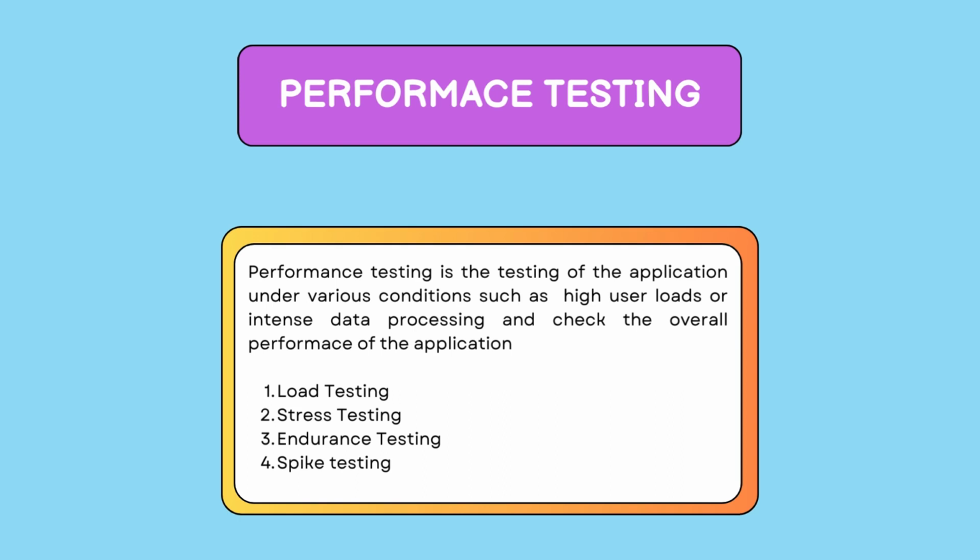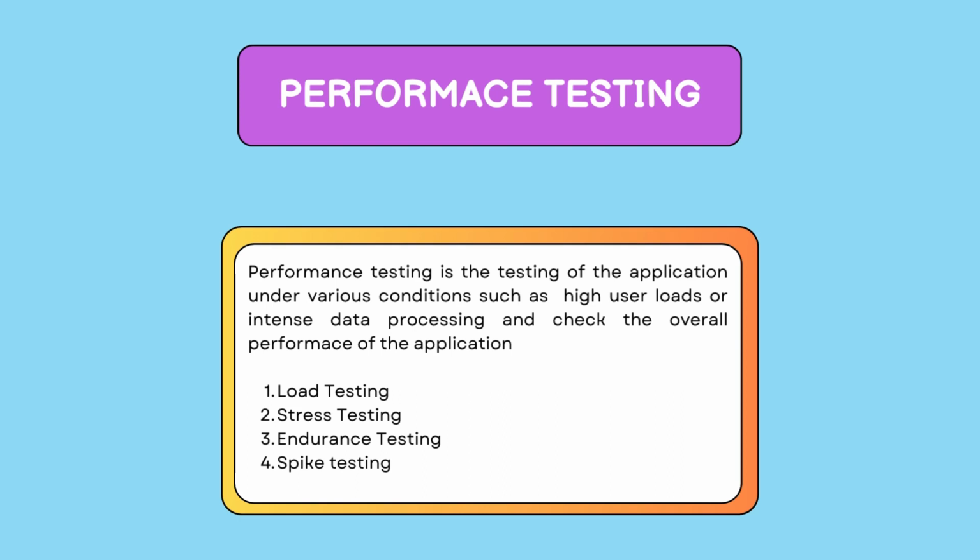First is load testing. Here we apply load on a software, like simulating and applying multiple users or transactions, and check whether it handles the expected load or not. That's load testing.